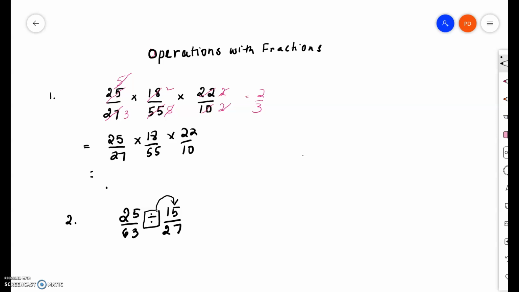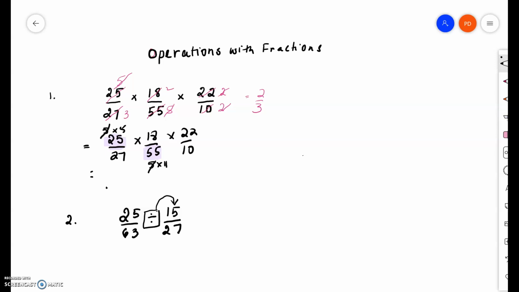They have a common factor, which is 5. So that's 5 times 5, and that's 5 times 11. So the 5's get cancelled. A factor in the numerator gets cancelled with a factor in the denominator. So what we're left with is a 5 in the numerator and 11 in the denominator.